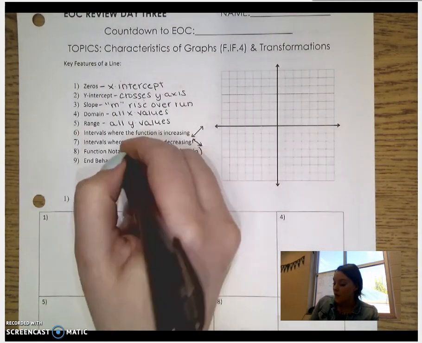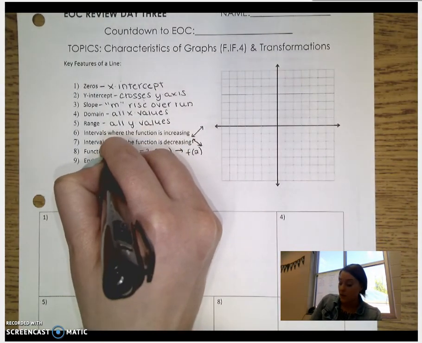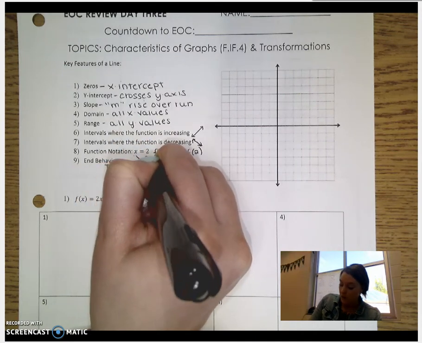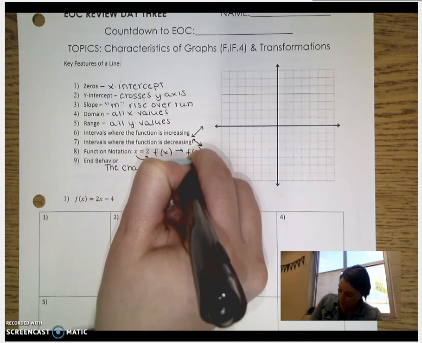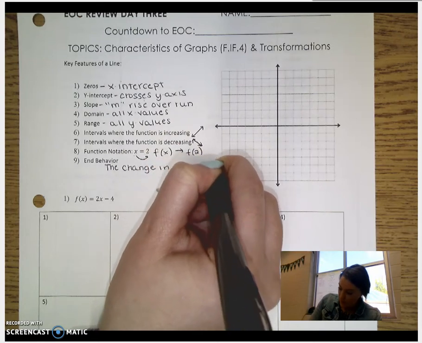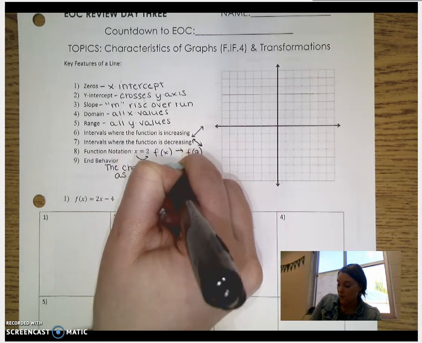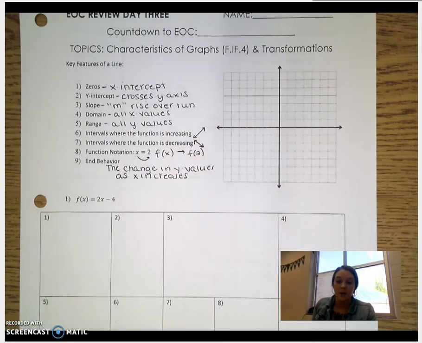And last, the end behavior is the change in your y values as x increases. And again, we will go through an example of that. So the change in the y value as x increases.